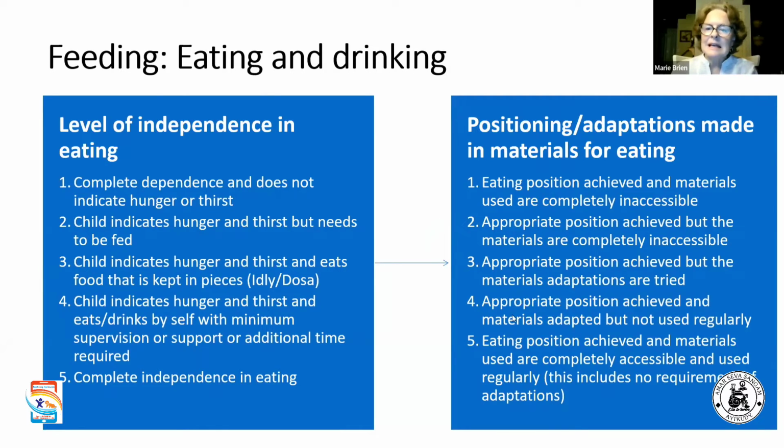And then that leads us to how we can adapt the environment to facilitate some of those functional skills.